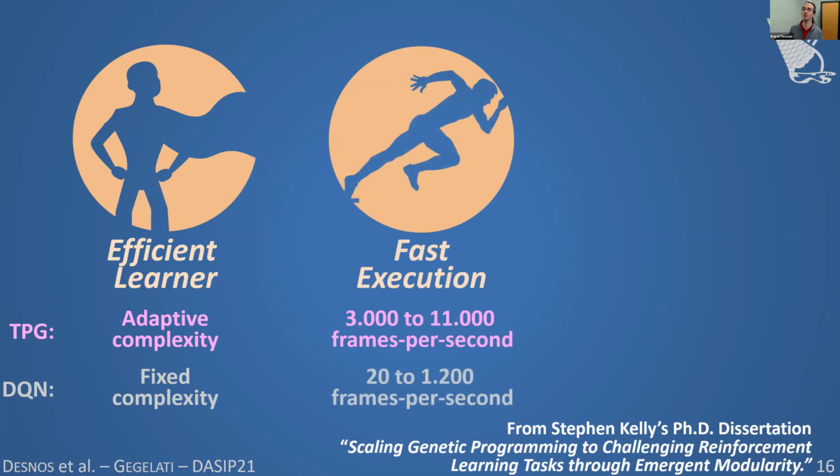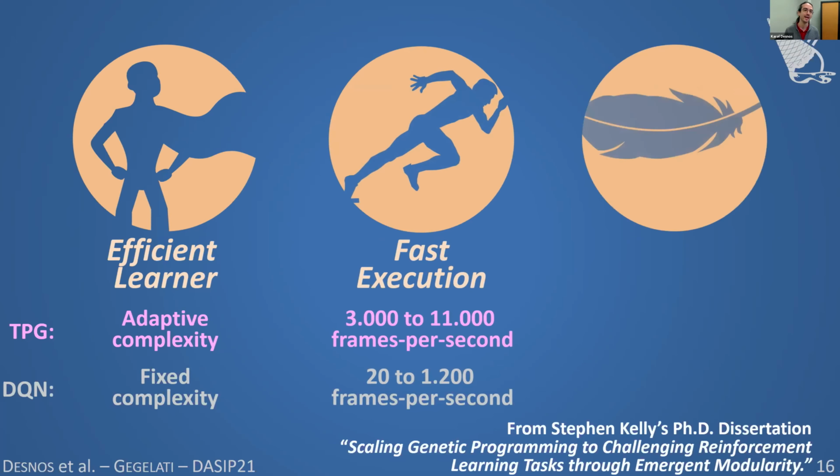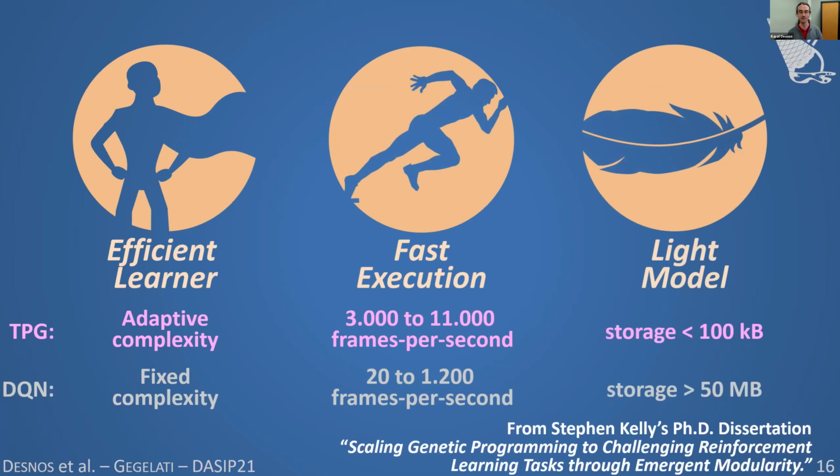For the video game example, for Atari video games, they were able to perform 2 to 3 orders of magnitude faster than deep Q-learning frameworks with the same performance. And finally, they are very lightweight. The storage capacity needed to store a TPG is around 100 kilobytes, while for similar performance, you need more than 50 megabytes for a deep Q-learning network.